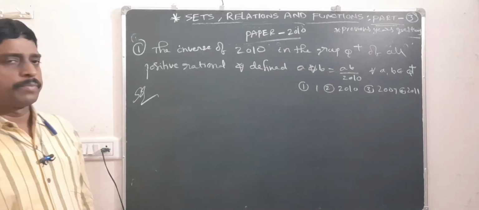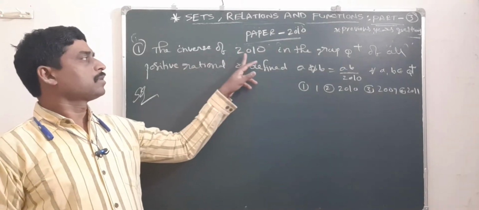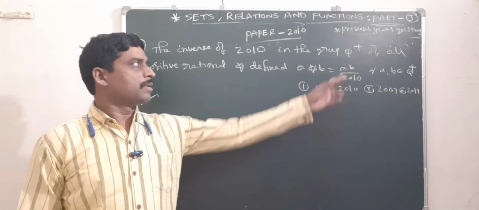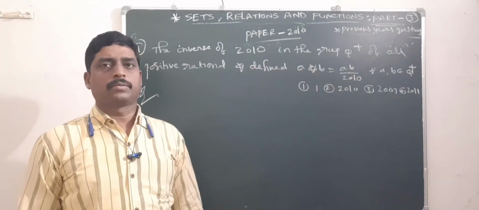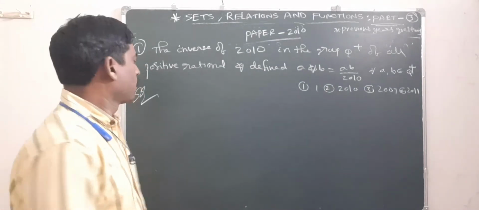Okay, let us go to the next problem. In 2010, question number 1. The inverse of 2010 in the group of positive rational numbers Q plus, with star defined by a star b is equal to ab by 2010. First, we have to find the identity.